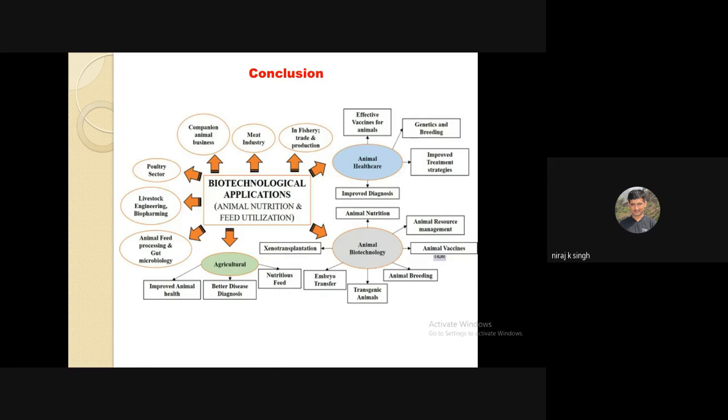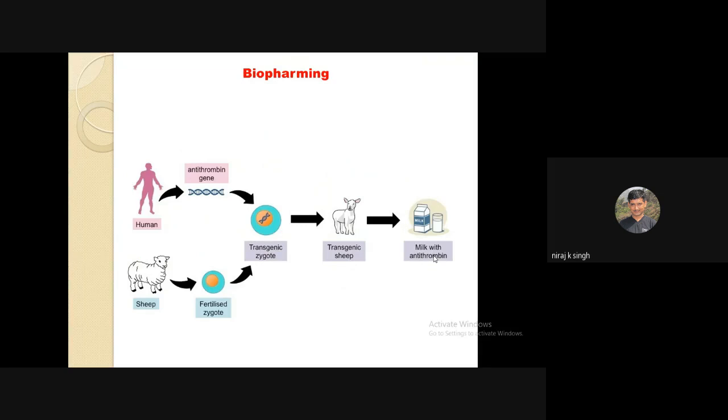cerebral hemorrhage. So in conclusion, whatever I have discussed in biotechnology till today is a very small part. This is less than 0.1% of biotechnological interventions in animal science. Still, 99% is uncovered, which only a biotechnologist can understand.